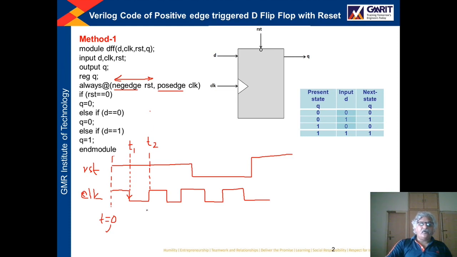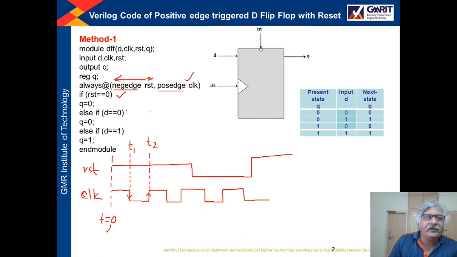But at time T2, the clock is going from low to high. So this is the positive edge of the clock. Positive edge is detected. So if the positive edge is detected, then the always block will be activated, and this condition will be evaluated. If RST is 0, so at T2, what is the value of RST? RST is not 0. RST is 1.